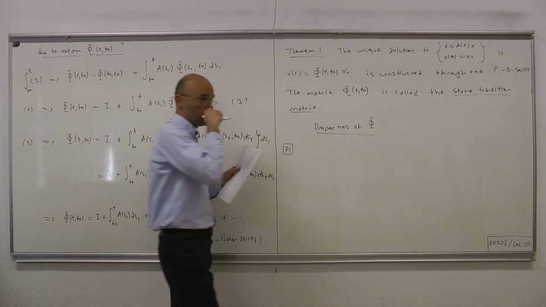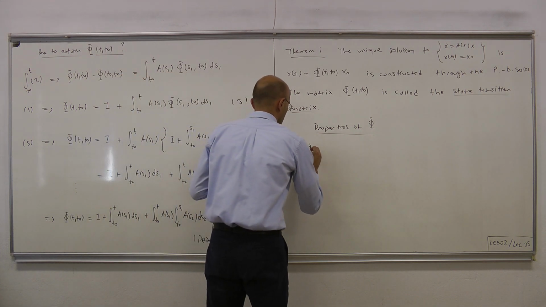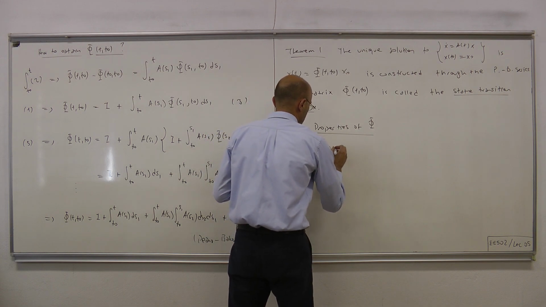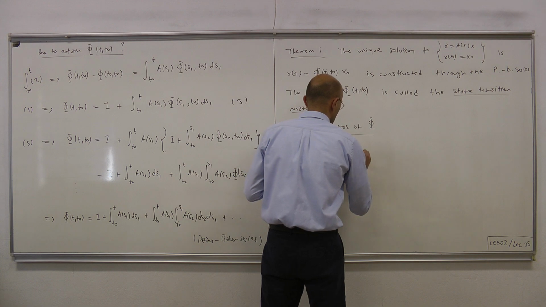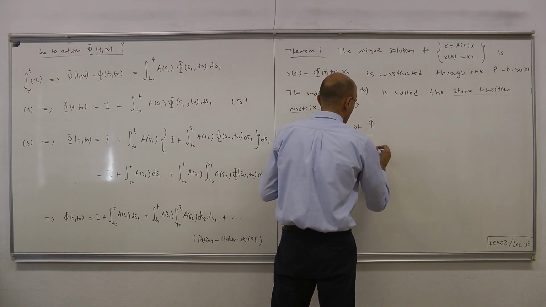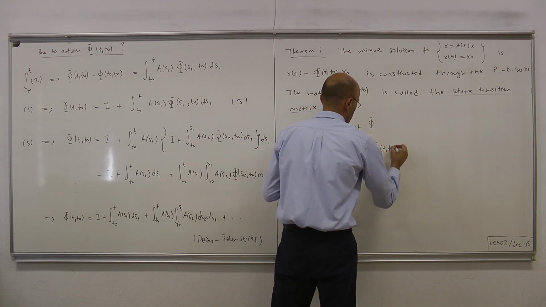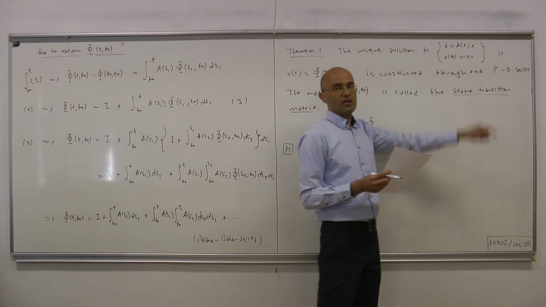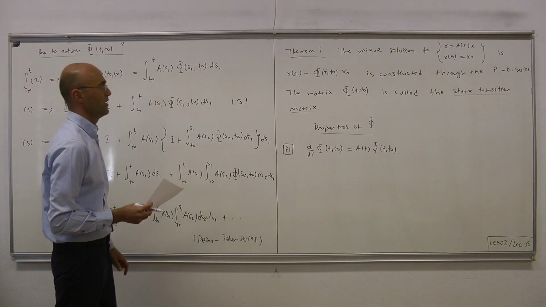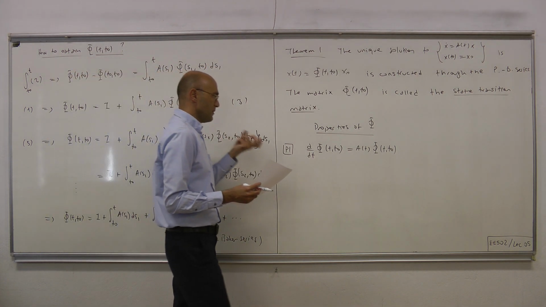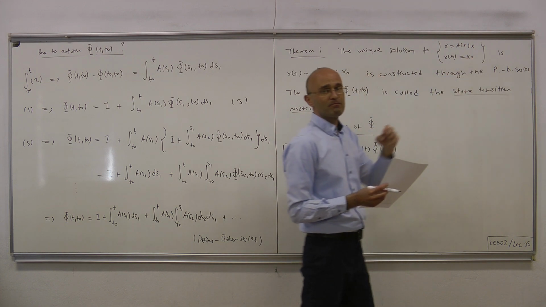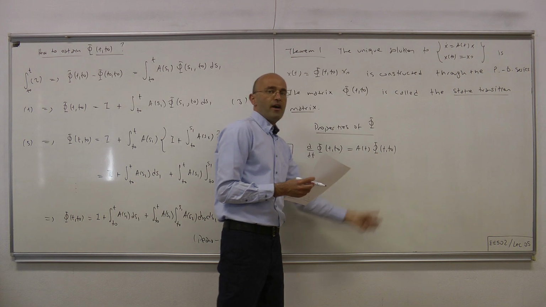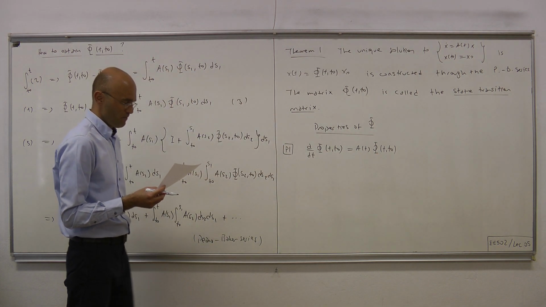P1. d/dt phi t t0 equals A t phi t t0. So it satisfies the differential equation. It was A t x, but there's an important difference. Here x is a vector, whereas in this differential equation, our variable is an n by n matrix.